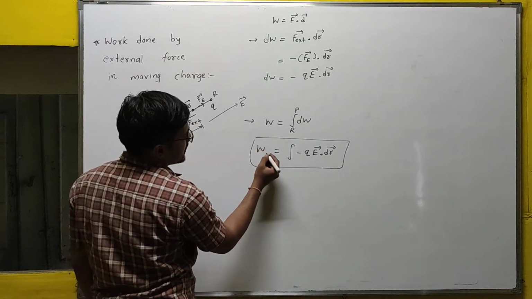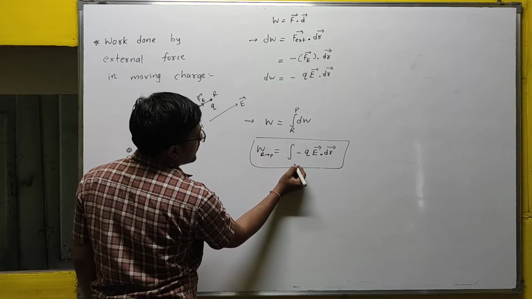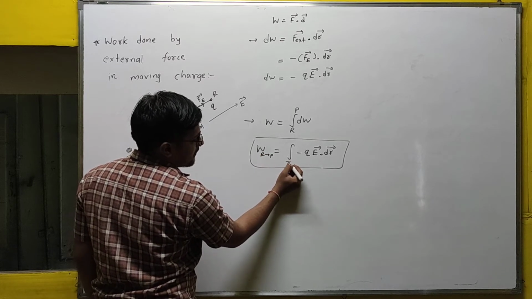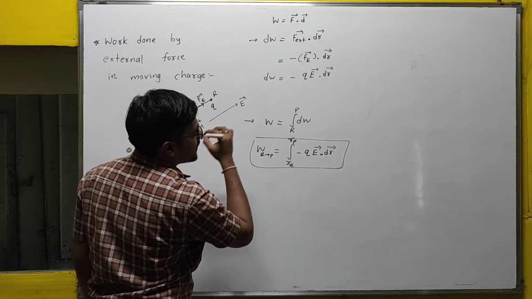You are moving the charge from R to P, so the limit is the position vector of R to the position vector of P.